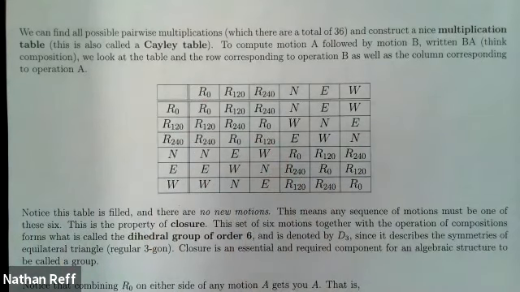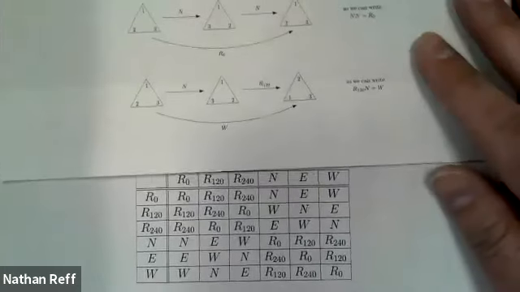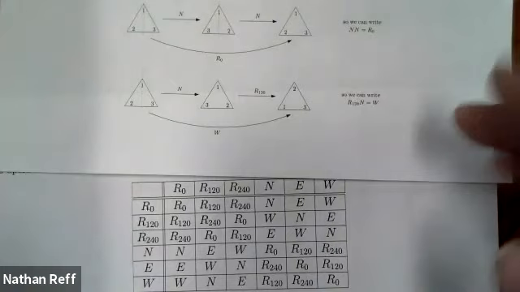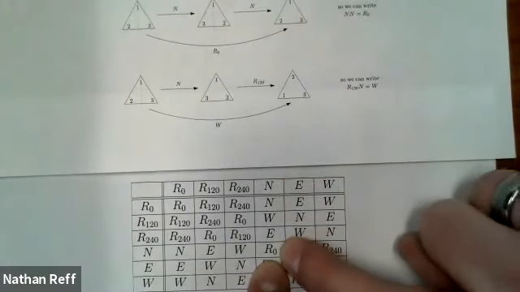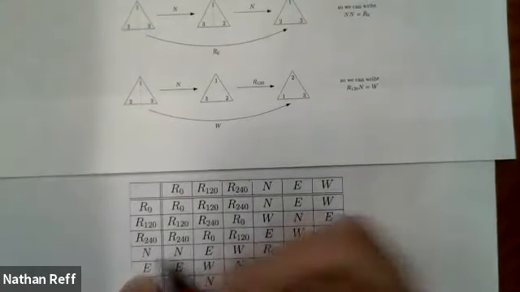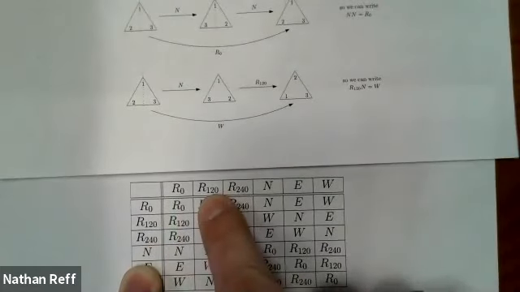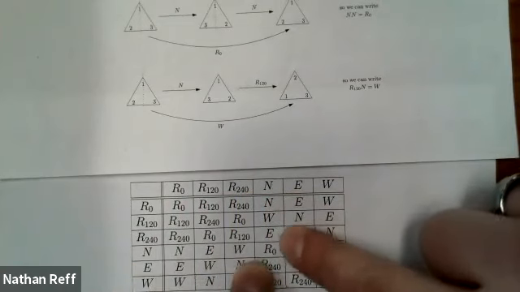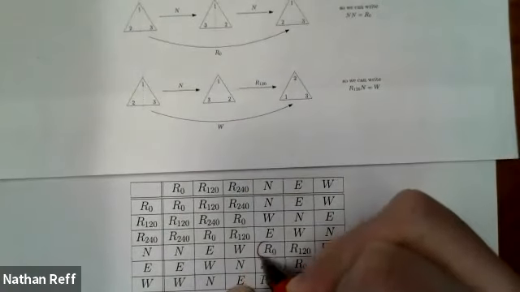So for example, the 2 that we have right here, you can see them in the table, right? So n times n, or n compose n, whichever way you want to think of it. You just follow the row for n. This is n times r0, n times r120, n times r240, and then n times n will be in precisely the entry where the row and the column meet together, and that's exactly what we have here.